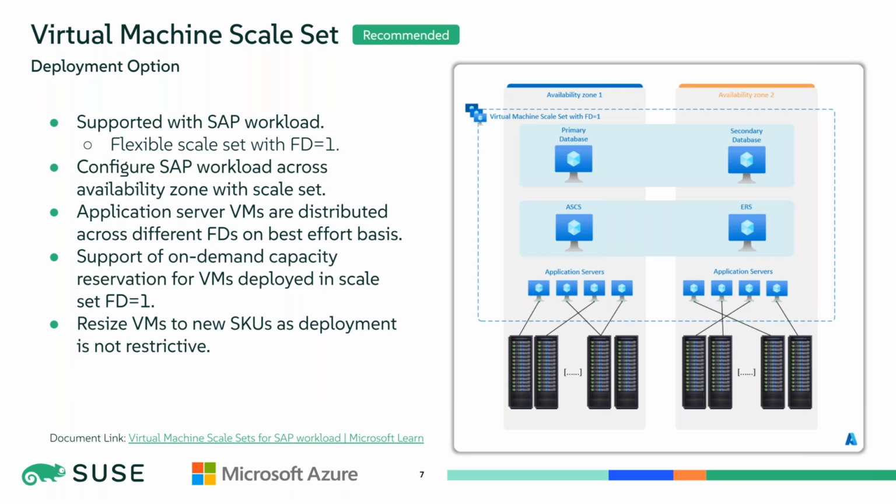Now, when you deploy multiple VMs in the same availability zone that are part of the same virtual machine scale set, the virtual machines will be distributed across different fault domains within the same zone.